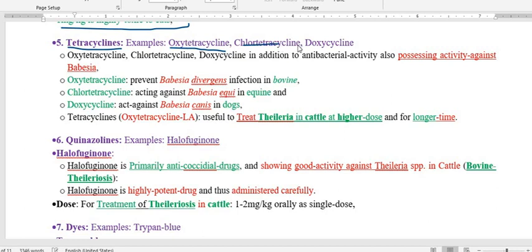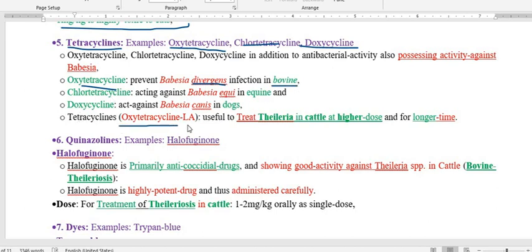Under the tetracycline antibiotic group, three drugs are used for Babesia as well as Theileria: oxytetracycline, chlortetracycline, and doxycycline. Along with action against Babesia, they mainly show activity against bacteria, so this is an antibacterial agent.